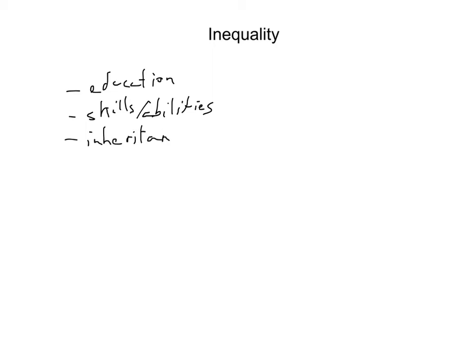There can be, for example, differences in education, differences in skills and abilities. And there can also be inheritances. So maybe somebody inherited a lot of wealth.